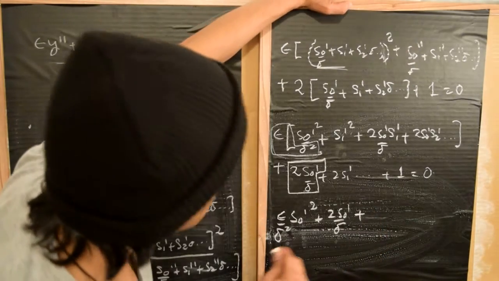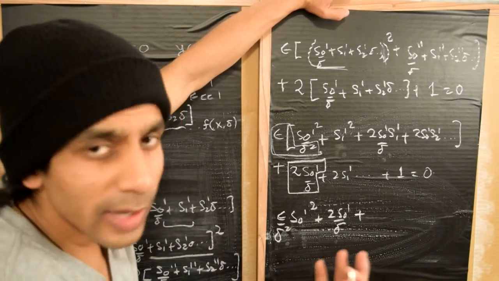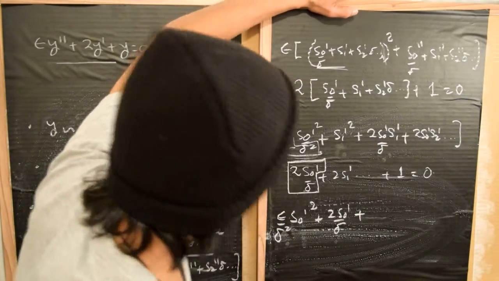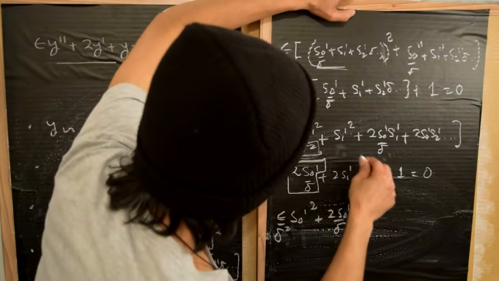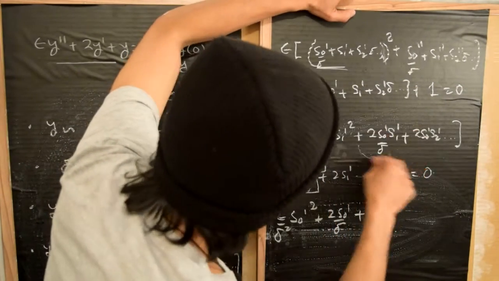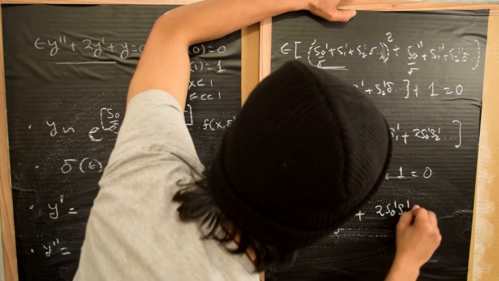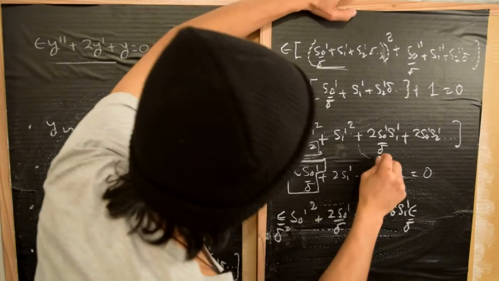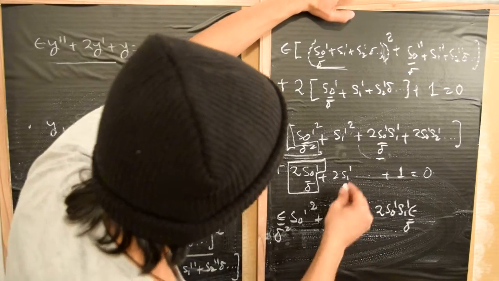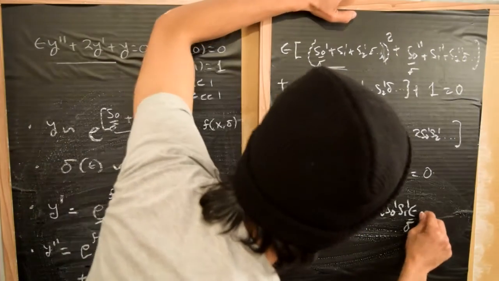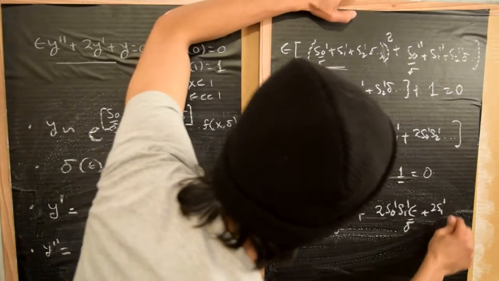plus let's write down terms. So these terms are likely to scale as 1 divided by delta. Then to next order, we'll have terms which are of order 1. So one of the terms will be this 2 s naught prime s1 prime epsilon divided by delta. That's one of the terms. And then another order 1 term would be 2 s1 prime. Then we have a 1.